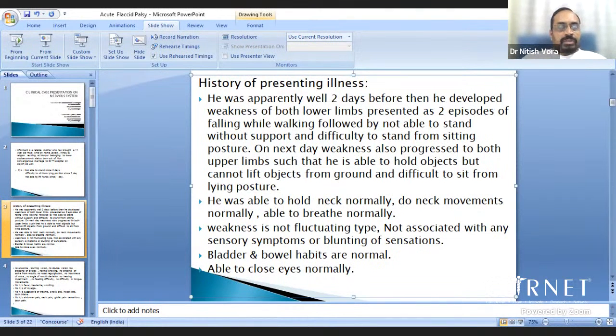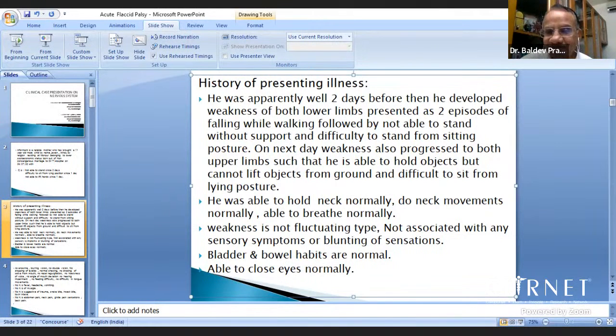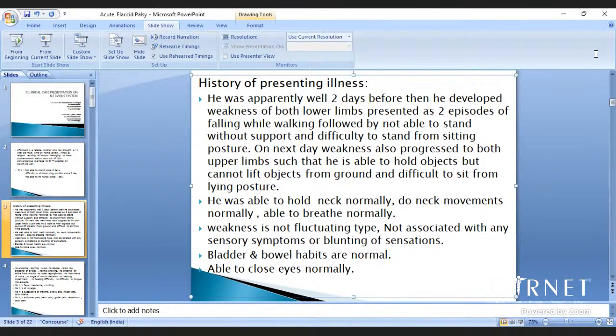That's fine. So we are talking about the weakness, how it started, and any associated things with the weakness. Yes, Madam, Dr. Kalpana. Yeah, he has nicely explained the thing, and he has said the acute onset and the ascending progression. What he didn't mention is the precipitating factors.